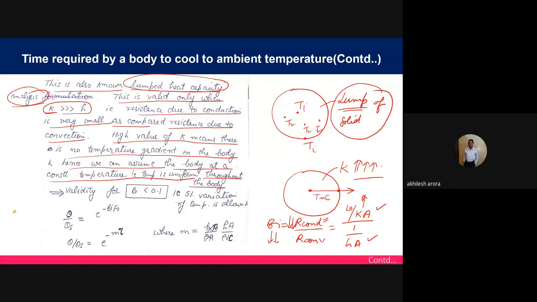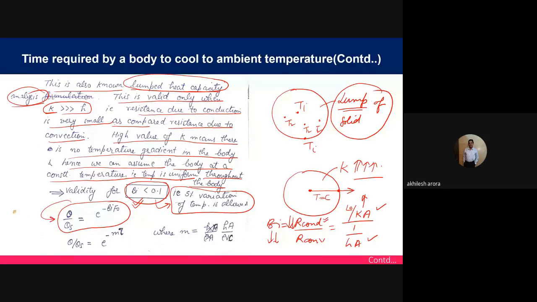Now, what is the validity of this lumped heat capacity analysis? The validity is when the Biot number is less than 0.1. Then we can use this particular equation which we have derived earlier. When the Biot number is less than 0.1, we say that there is less than 5% variation within the solid body.